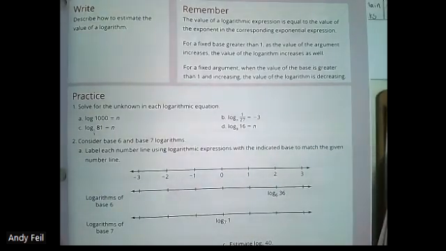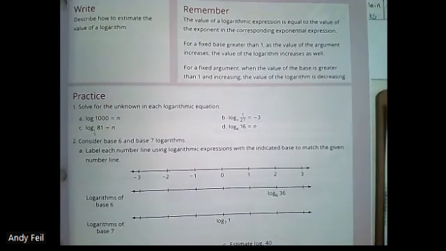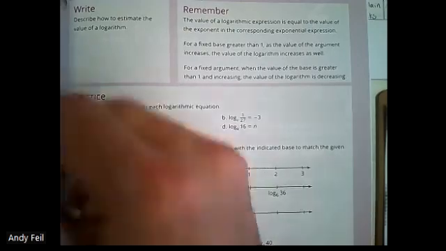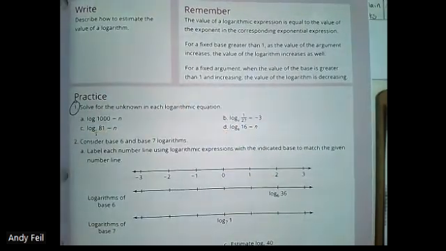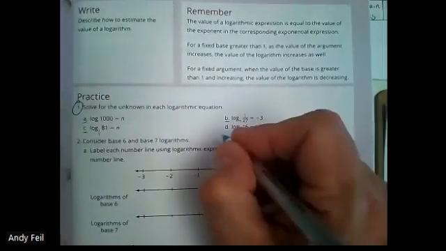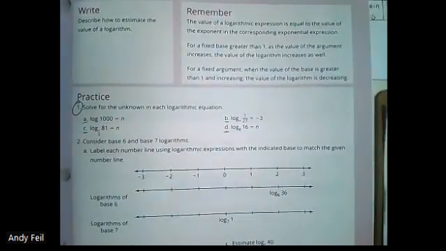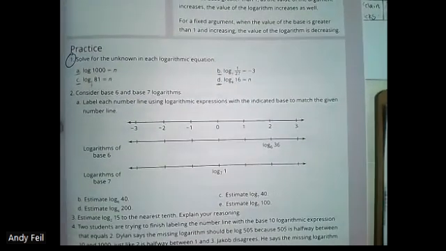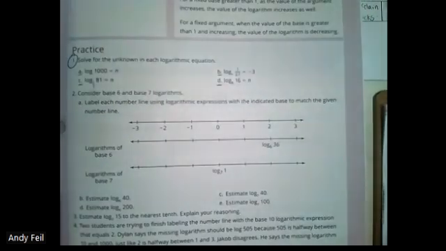And I want you to have plenty of room to get these done. You got about 20 minutes left of class. I want you to do one problem. Number 1, I want you to do A, B, C, and D. That's it. It's just like what we were just doing, but I want you to write them on paper, okay?